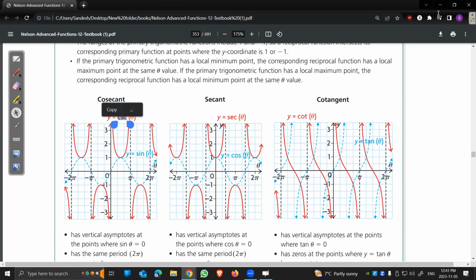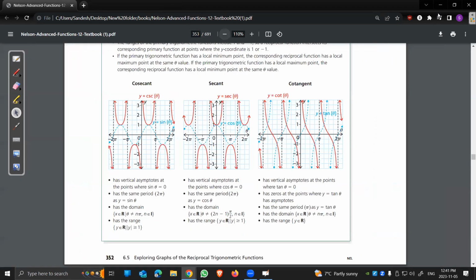That's what it's going to look like. Secant and cosecant look very similar because cosine and sine look very similar. Tan is the weird one. Look at tan. Tan is the blue dotted line, and cotangent is the red dotted line. There's an infinite number of asymptotes when you're trying to graph tan.